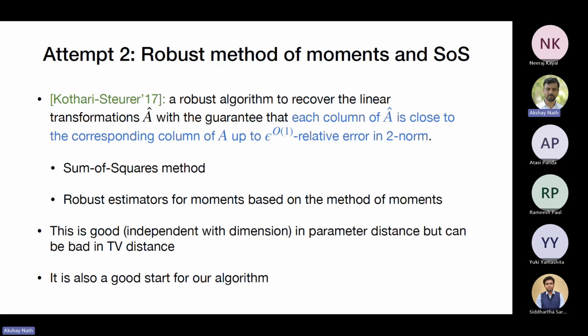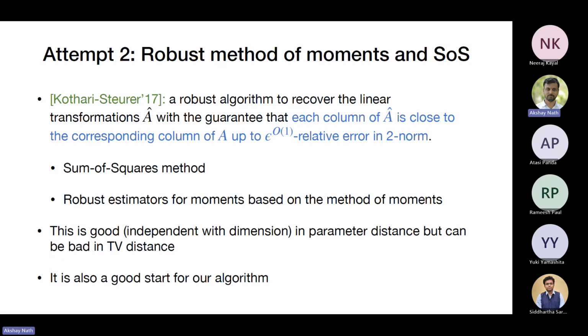And they use the sum of squares method, and the algorithm just uses robust estimators for moments. Based on the method of moments, they match those moments and also some other properties of the cube distribution. That's the reason for sum of squares. They want both, so they use sum of squares as a way to choose those good points.